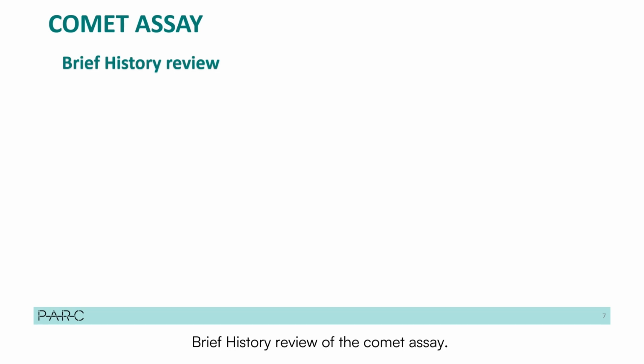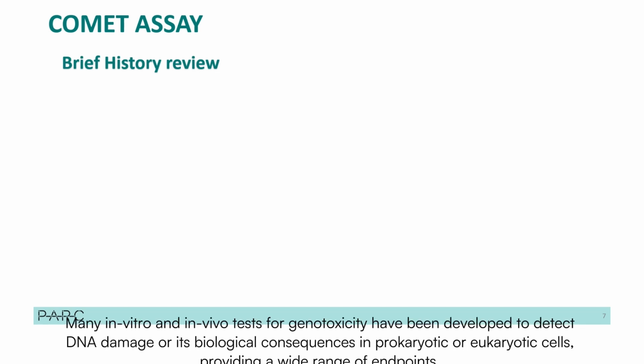Brief history review of the COMET assay. Many in vitro and in vivo tests for genotoxicity have been developed to detect DNA damage or its biological consequences in prokaryotic or eukaryotic cells, providing a wide range of endpoints.